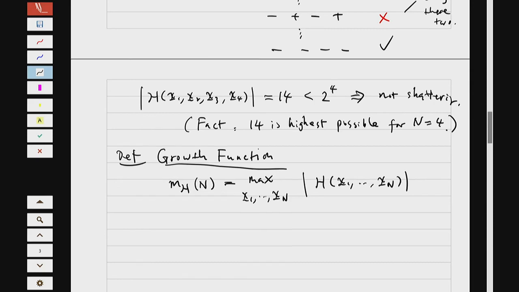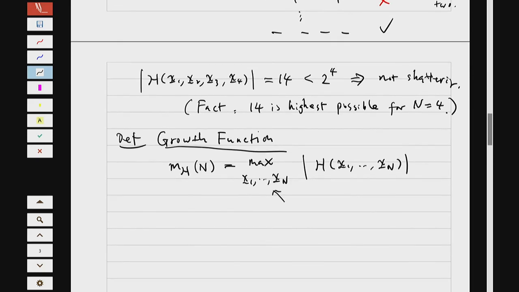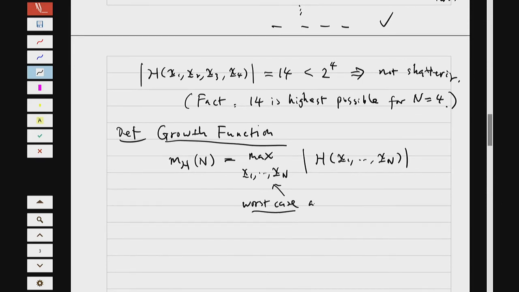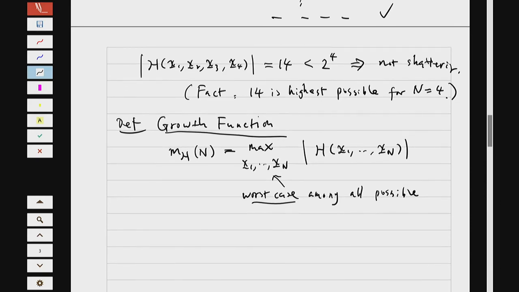Like that. Again, this is the worst case among all possible ways that you can be given n points. So this way we get something that's independent of the location of the points that you're given.